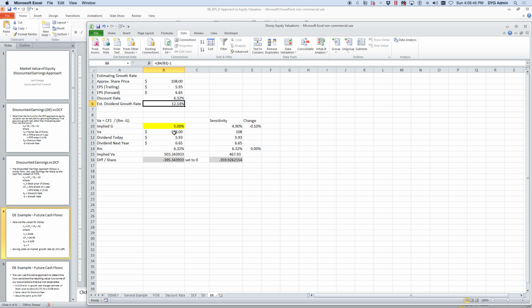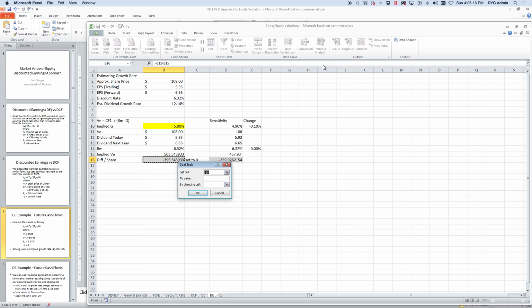the stock price. So again, we've plugged in the 5% as just a plug for growth because we're going to solve for that. You've got these different amounts that are just values read from above. The formula, once again, is the stock price, so VE, divided by the return minus the growth rate. And so, as before, we're simply going to use the what-if analysis goal seek in Excel.